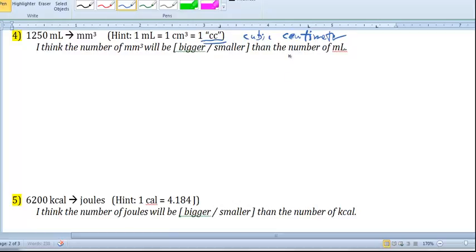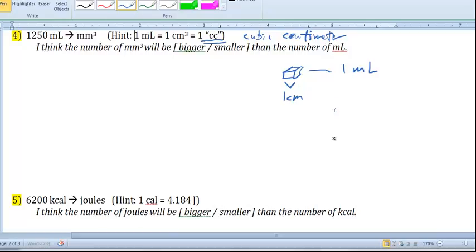I think I went over this in honors, but we can make a little cube here, 1 centimeter on a side, okay? And if you have a cube 1 centimeter on a side, then that would contain exactly 1 milliliter of a fluid.